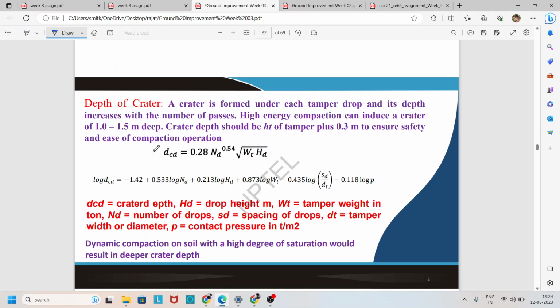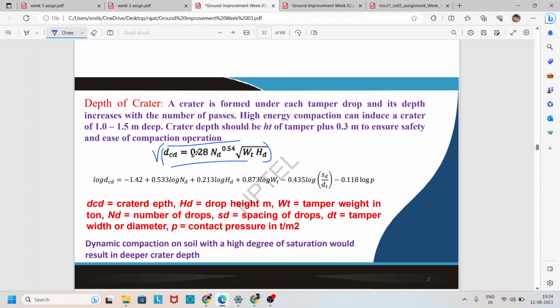But in the field, we use the first one because it is simple to apply, and also when we apply some equipment or technique on the ground, it is not possible to maintain the accuracy. There is some disturbance in accuracy. So we can use the first formula, which is quite good and simple in nature.